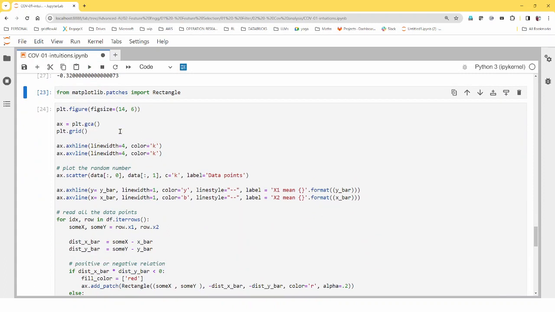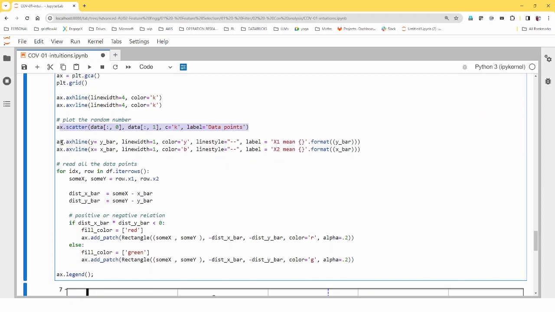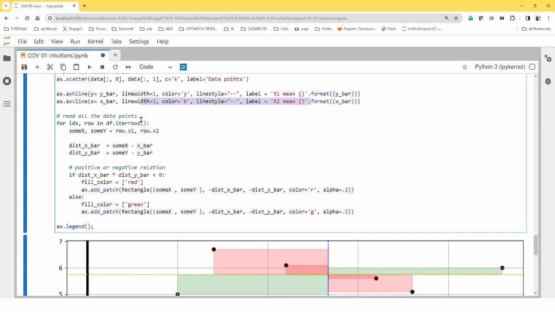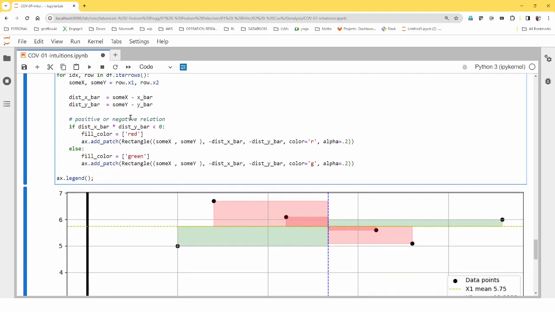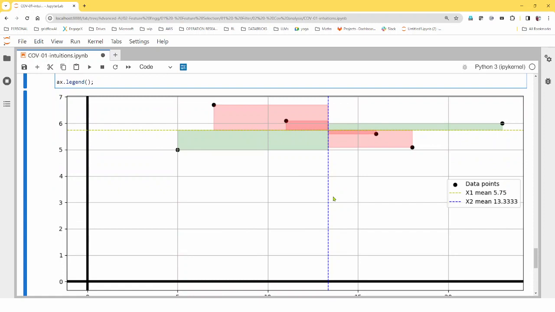Now let's plot these data points. First, we plot the data points and then draw the mean of column 1 and also the mean of column 2. Then we're going to read every point and show you here the rectangular area. What this plot is doing is, the black dots are my points.